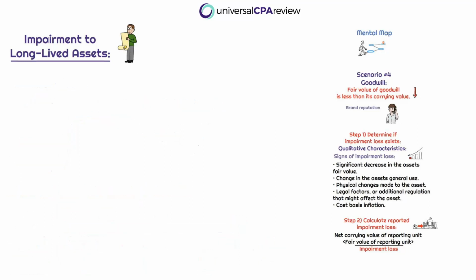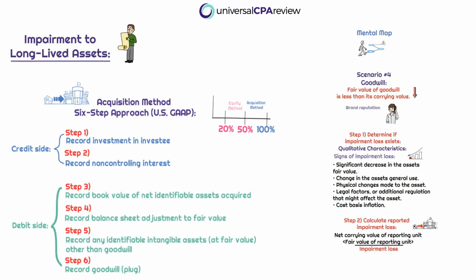When we dive into the acquisition method, we're going to talk about our 6-step journal entry. But in essence, at its highest level, this acquisition method journal entry will indicate the purchase price of the subsidiary, which will be presented on the credit side of this entry, and the net identifiable assets, which are being acquired and will be presented on the debit side of this entry.